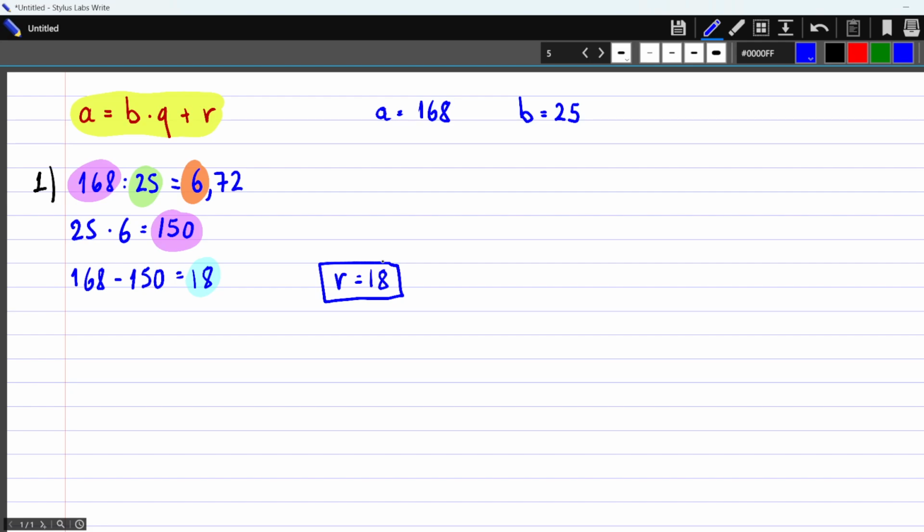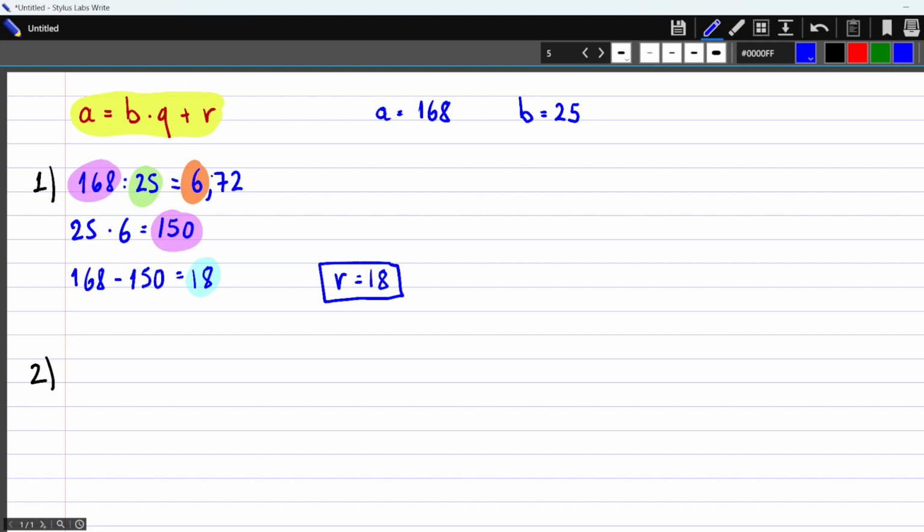We will be continuing this whole process until we find R either equal to 0 or equal to 1. So, step 2. Same procedure.